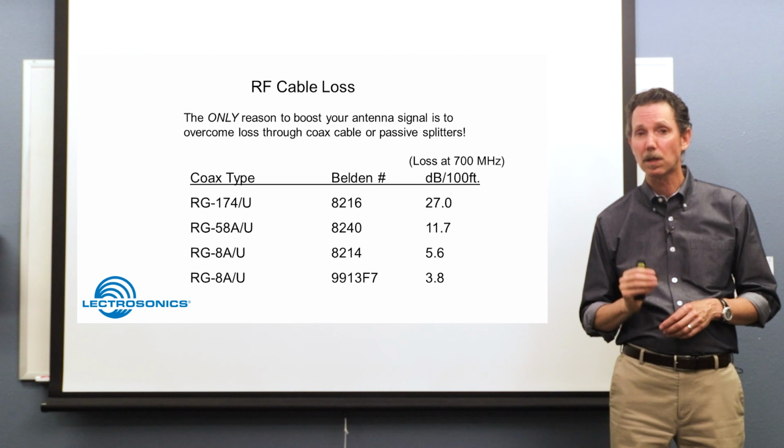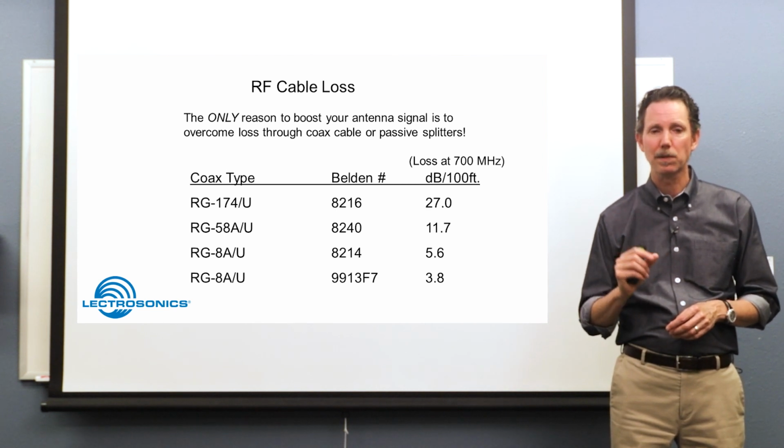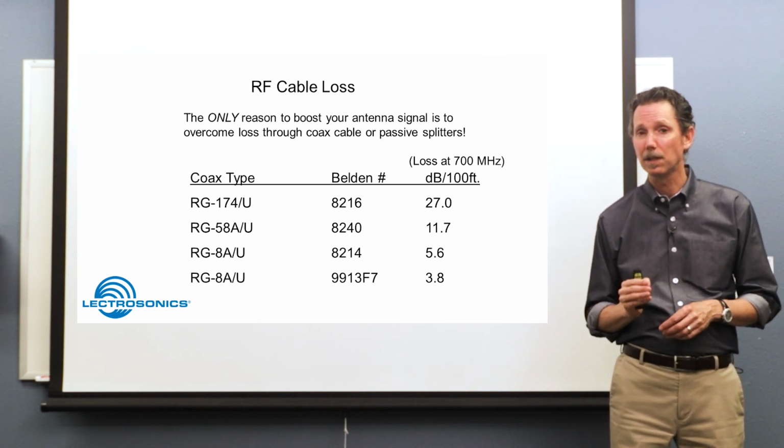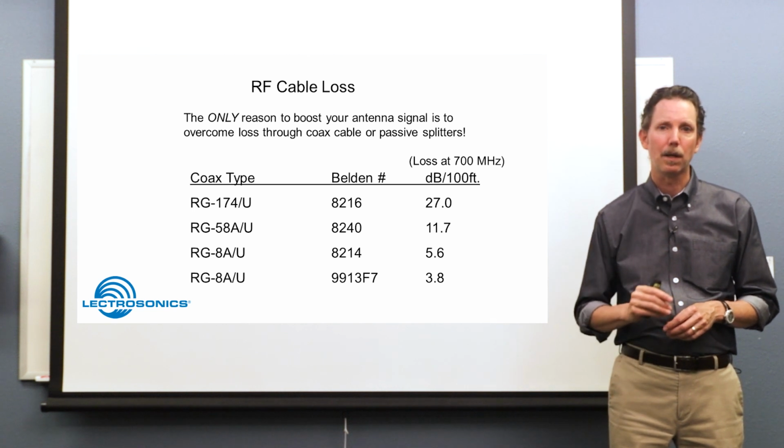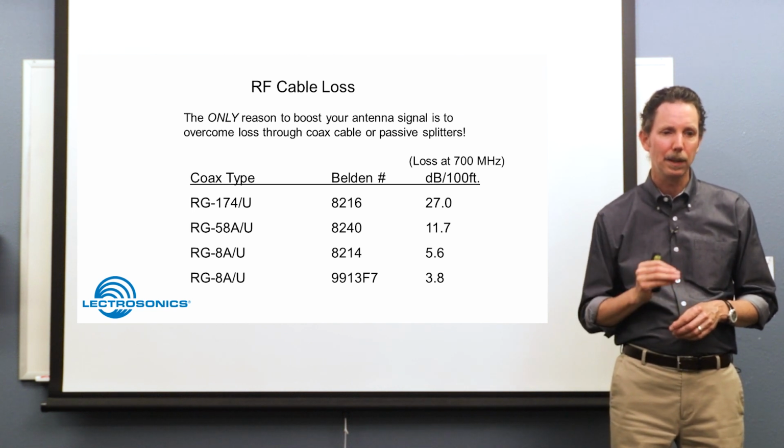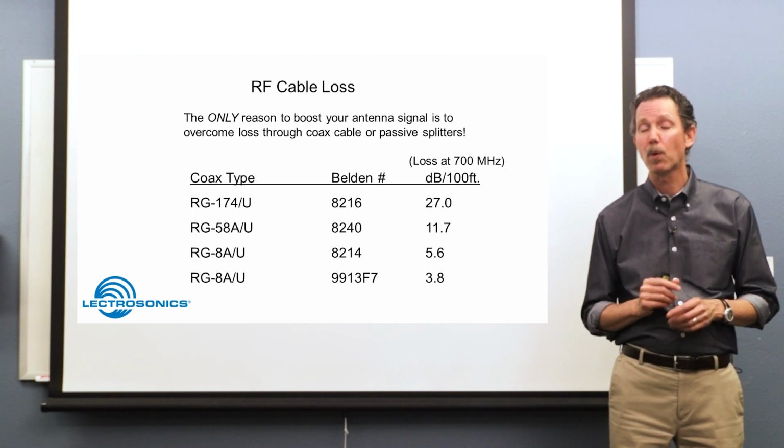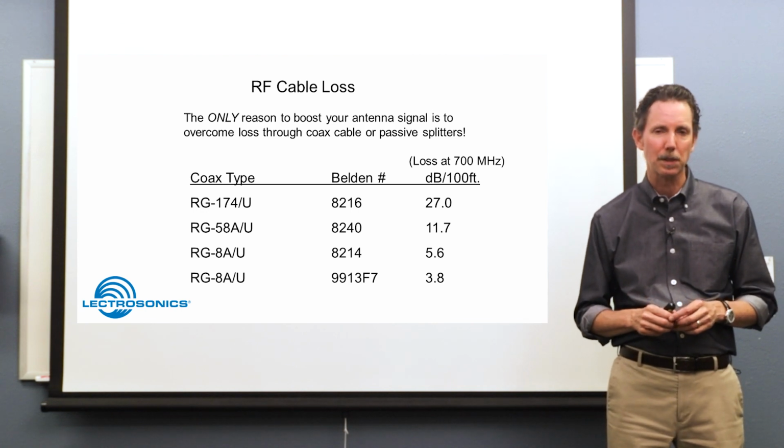But you can see the difference in loss between the very thin, inexpensive stuff loses 27 dB of power with 100 feet, and the really thick stuff loses only 3.8 dB. That's a very big difference. And this matters a lot when you're doing your RF gain structure calculations. These are simple calculations. Don't let that intimidate you. But we'll talk about it.